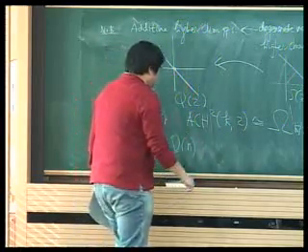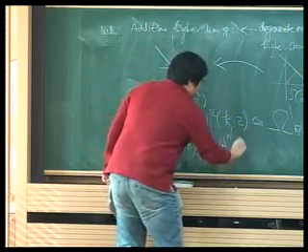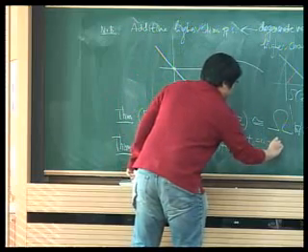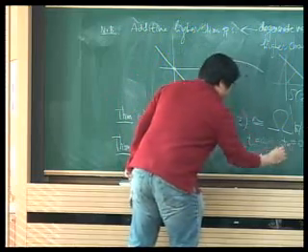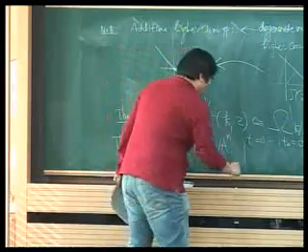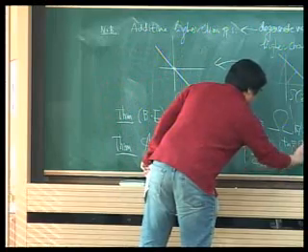Qn is an arrangement on A^n with the coordinates T1 up to Tn, and the arrangement is given by T1 is 0 up to Tn is 0. But instead of taking the sum of Ti is 1, I take the sum of Ti is 0.